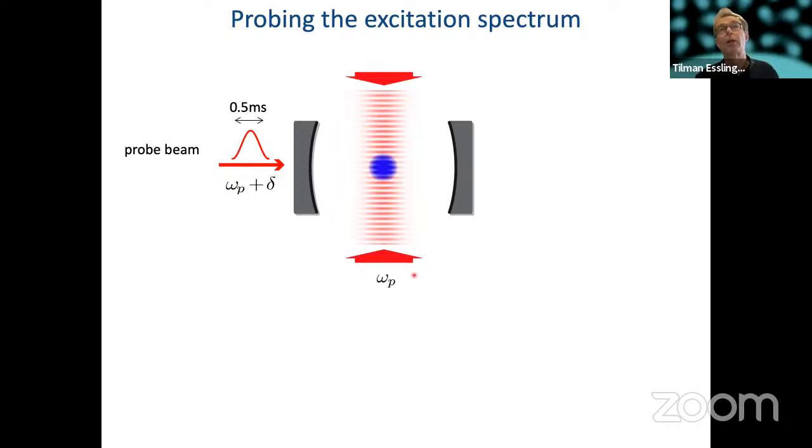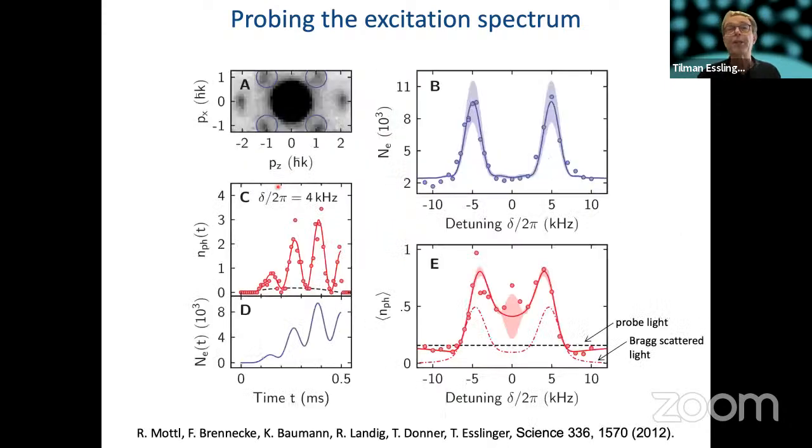We can either watch the photons, but we can also watch the momentum peaks. And we can measure, we can then change this frequency or this delta here. Okay, let's see and measure. And these are data where it's shown. Here you see these Bragg peaks, and here you see the photon number after an excitation, and here you see the probe light of the field.